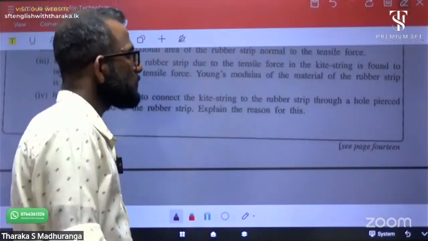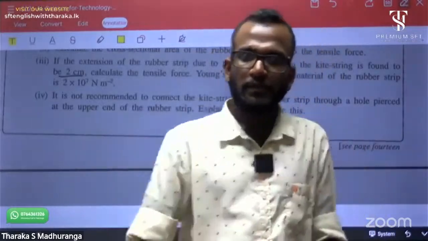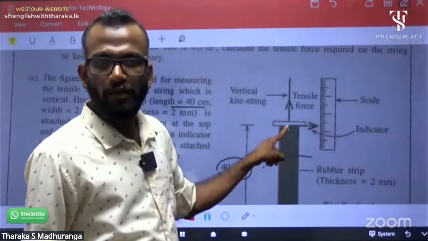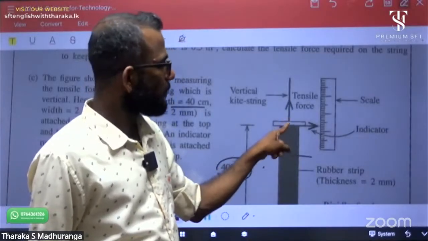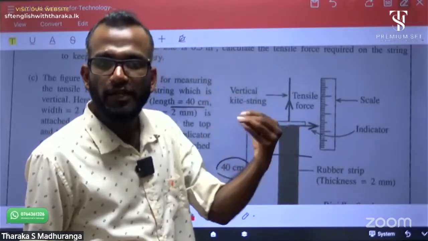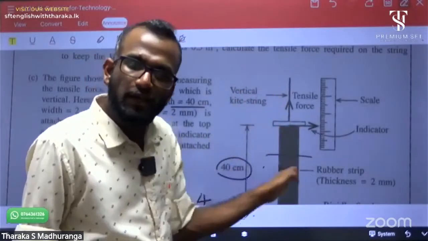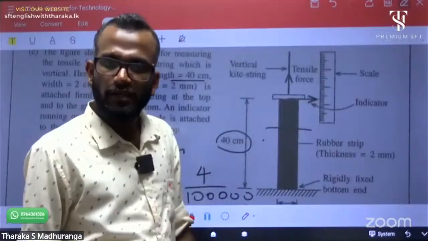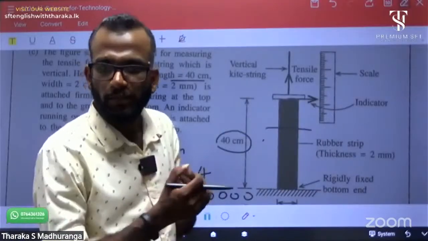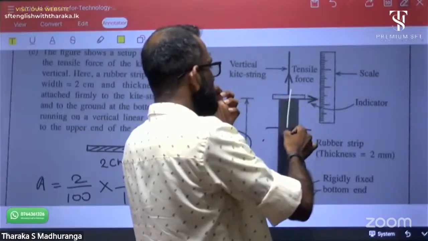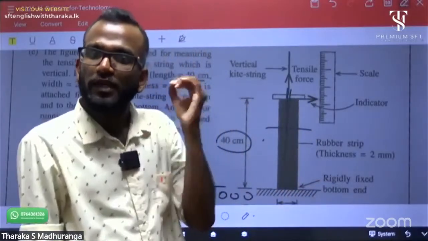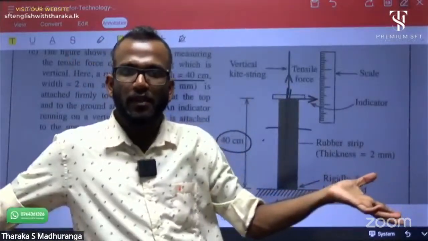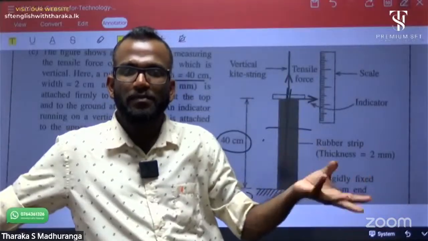Yeah, that's the one possibility. If we attach by a hole, the force is not evenly distributed through the string, not uniformly distributed. It applies only at this point. Force not evenly distributed, that's the one thing. Okay, what is the other practical possibility?